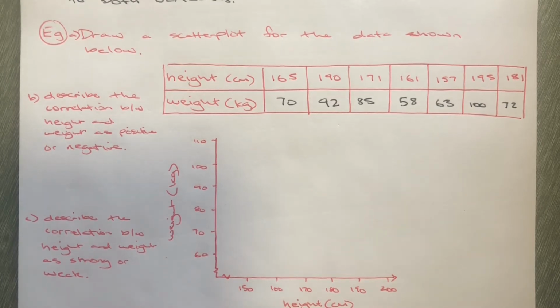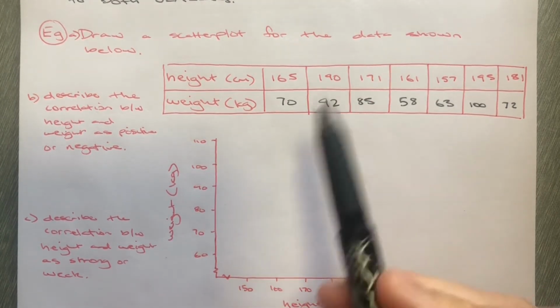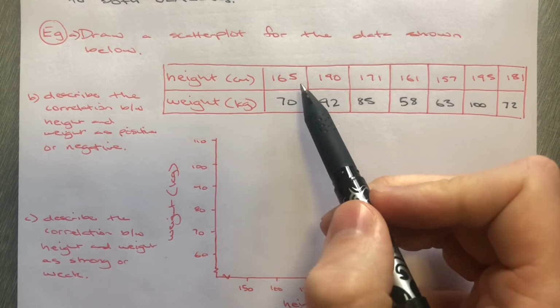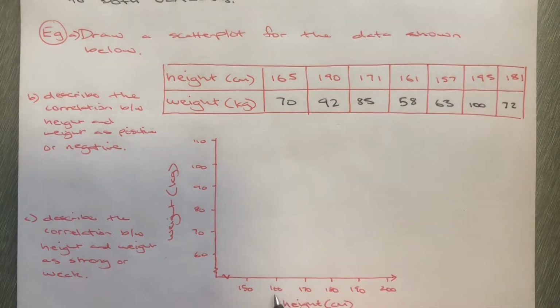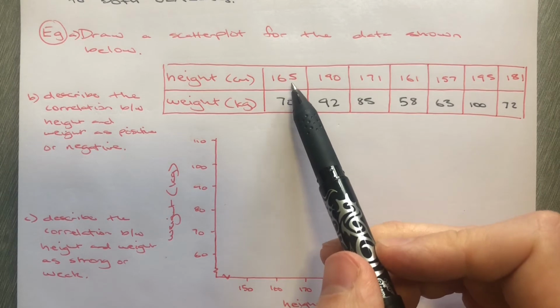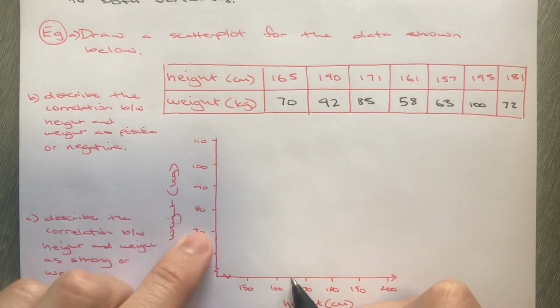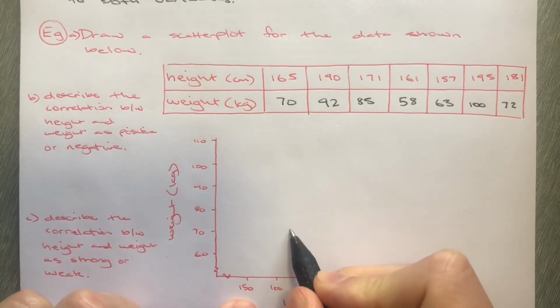I'm going to put dots on this graph that relate to this information. The first person is 165 centimeters. I've got height on my x-axis and weight on my y-axis. Height is 165 centimeters, which would be about here, and their weight was 70, which is just here. If we line those up, there's our first dot.